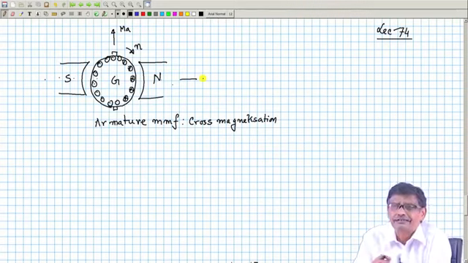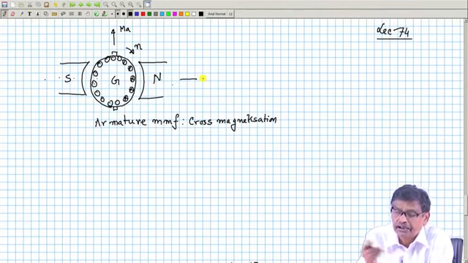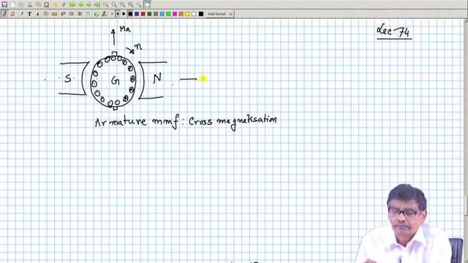So, the flux gets distorted, this side it will be higher, and so on.